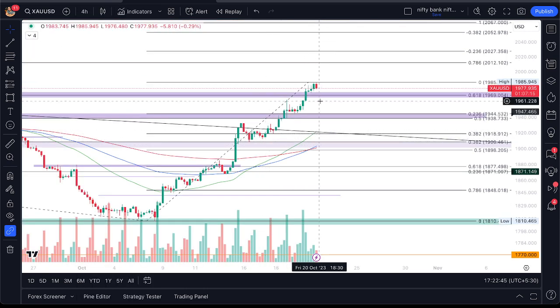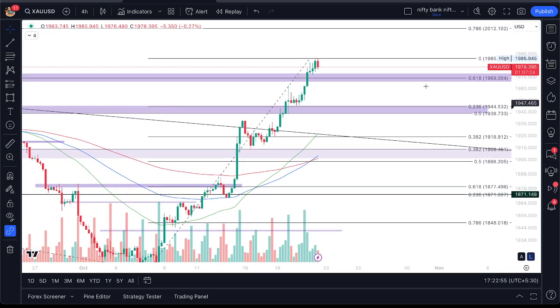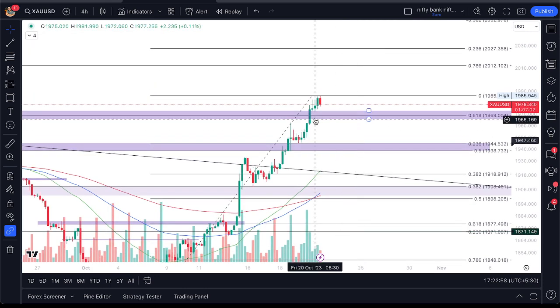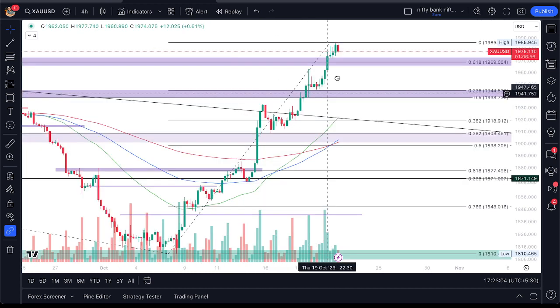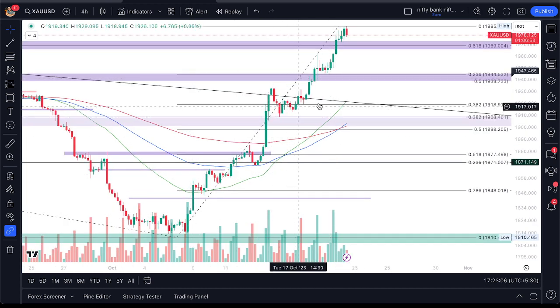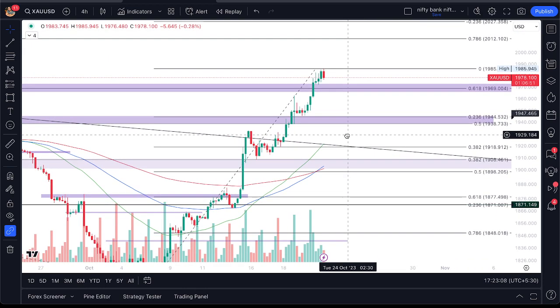In the 4-hour time frame, 1969 is a good zone of interest for me. It can show a pullback, but it's only going up, so there is no sign of pulling back.